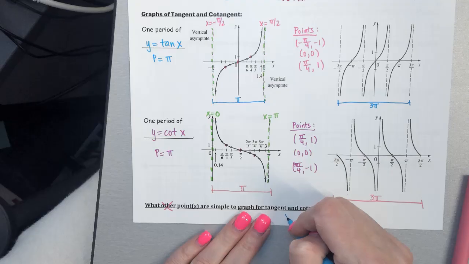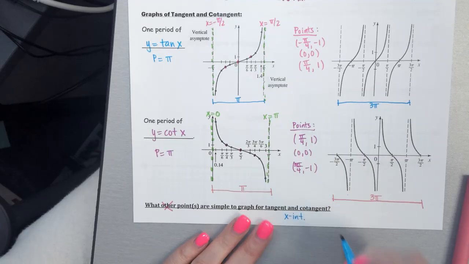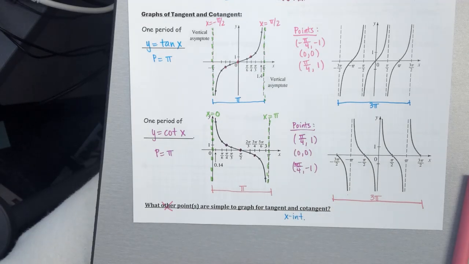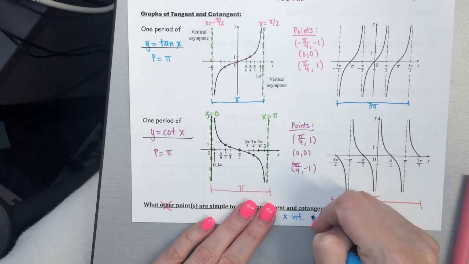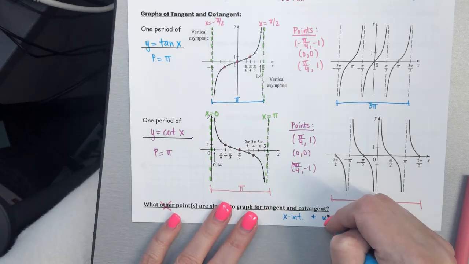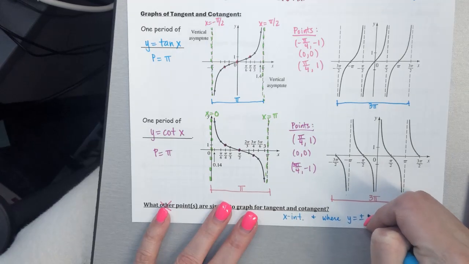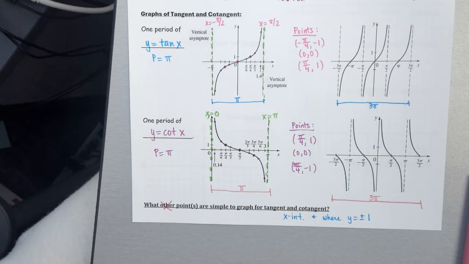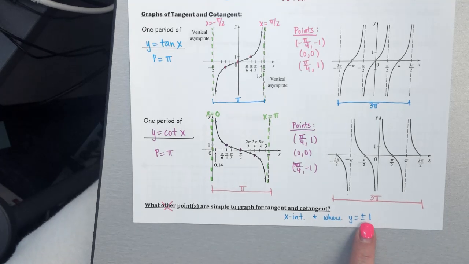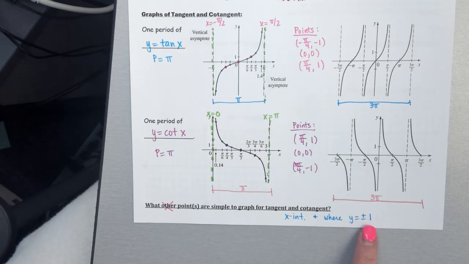So the points that are simple to graph that we are going to be putting on our graph is going to be where you have your x-intercept. And where the y value is either a positive 1 or a negative 1. Now that might change if you have a vertical stretch or compression.